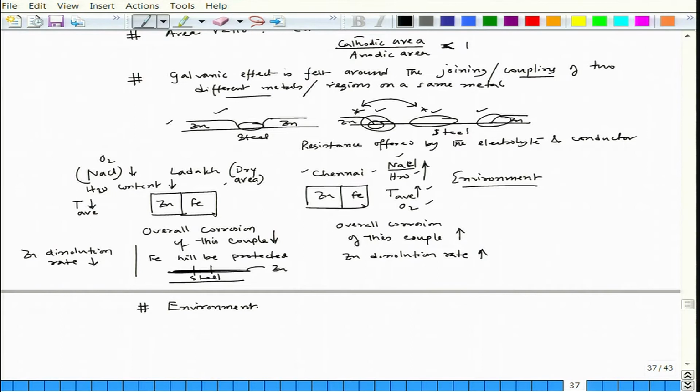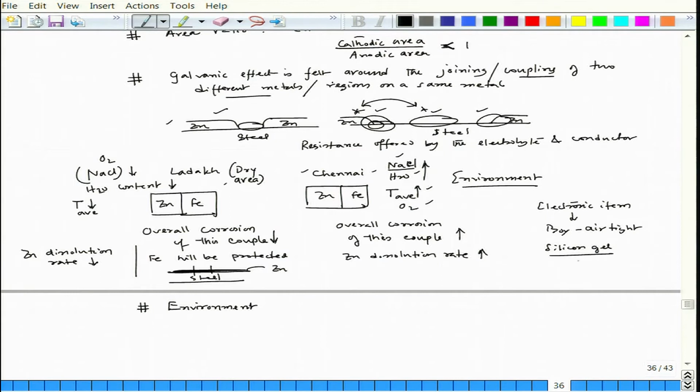Now, one practical example. Whenever you open an electronic item box, when you have ordered online and it comes to your house, you will generally see that the box is airtight, as well as there is a small pack where silicon gel is kept.